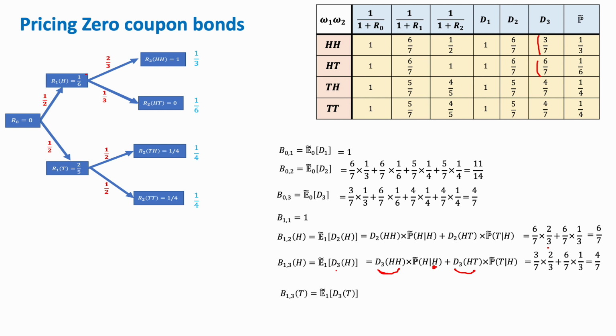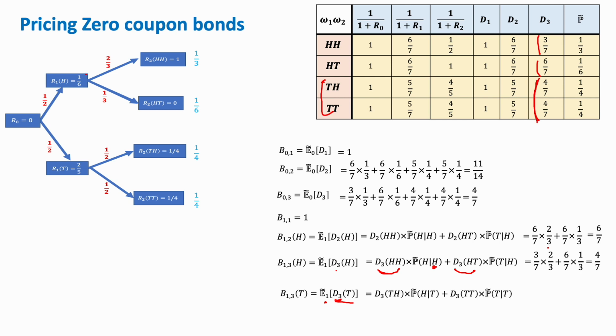And then we can compute this value also, which is just the expectation as of time 1 of D3T, when we know the first coin toss was a T. So we're interested in these two cases. We're looking at the expected value of D3. D3 is this value here.